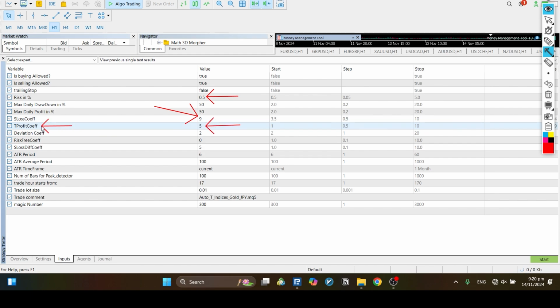The take profit to stop loss ratio is our reward to risk ratio here, which in this case is 5/9 or 0.55. I leave the other parameters as they are and start the simulation.